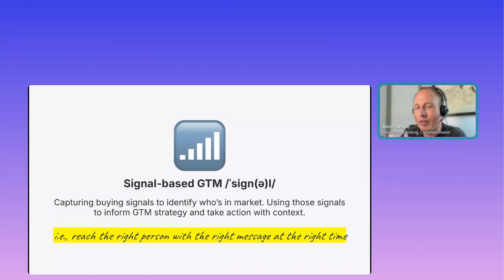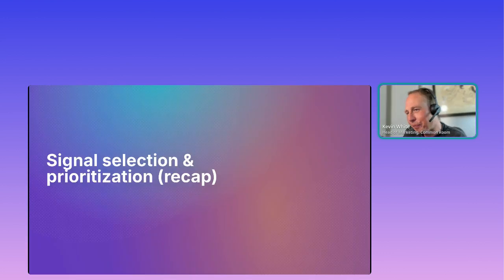I think of it as the holy grail of marketing or go-to-market: combining your audience and what they're doing with your offer, and overlapping those two things. The signals your audience is taking define the audience, and then you use the context of the signals for your offer. The more you can overlap those two things, the better your results will be.